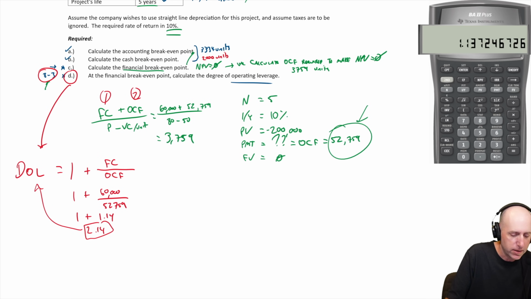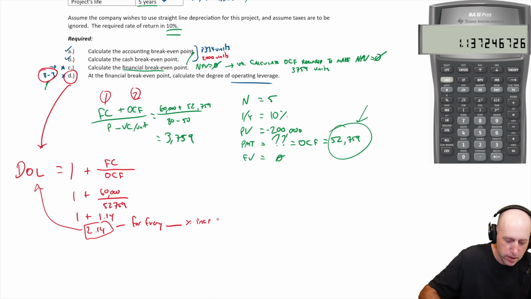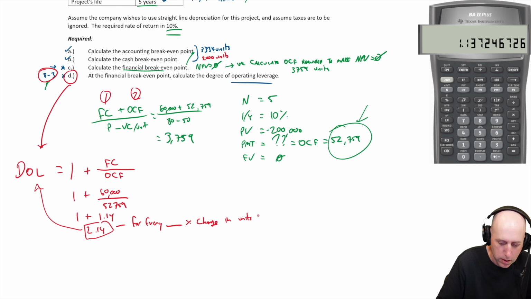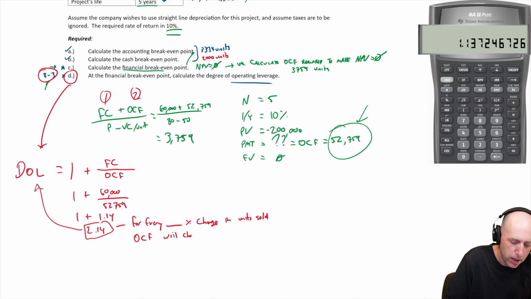Here's what the number means. For every blank percent increase or decrease, I'll just say change, in units sold, OCF will change by 2.14 times blank percent.